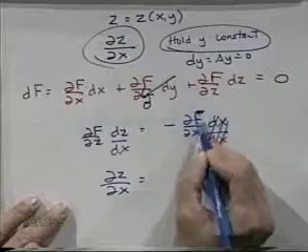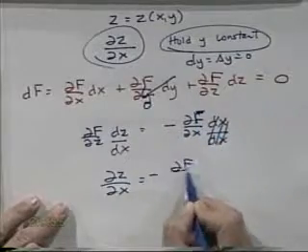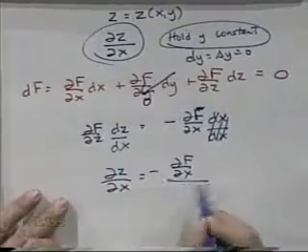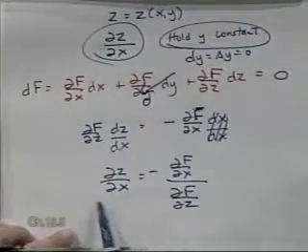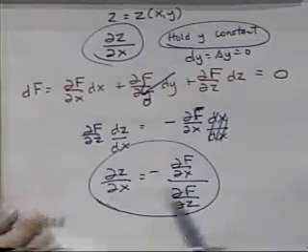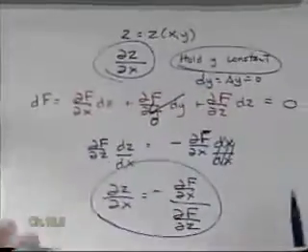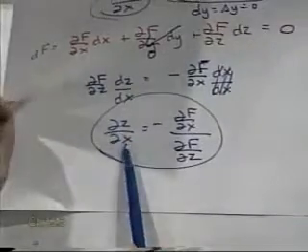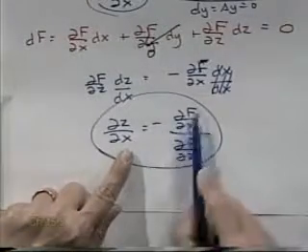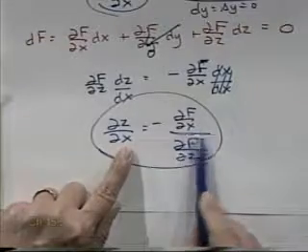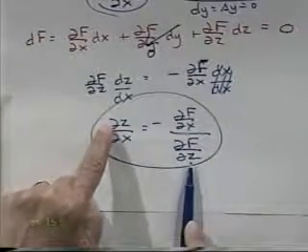This should be a capital F, I apologize. And I just divide it by that. And I got that. And notice, if f is a function of x, y, and z, and I want to know what the partial of z with respect to x is, it's just like that other formula I have. Notice it's minus the partial of f with respect to x over the partial of f with respect to z.